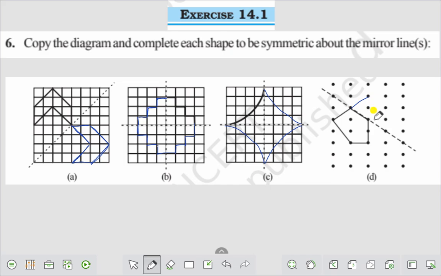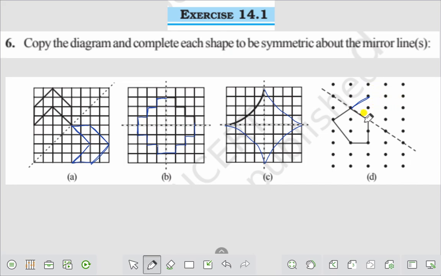That means you can draw this line, two lines straight, that is this one is a straight line, then this line.